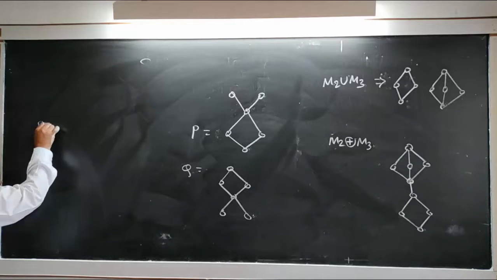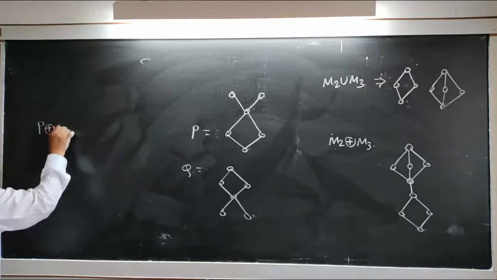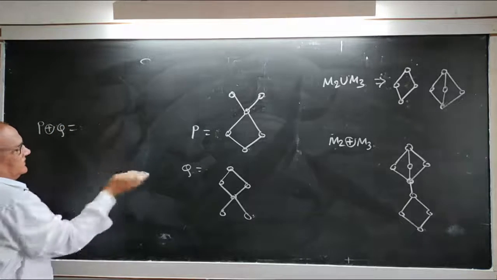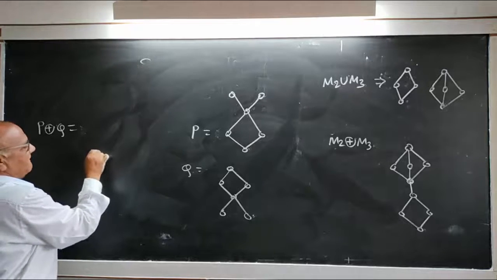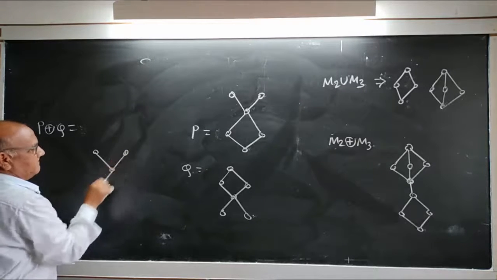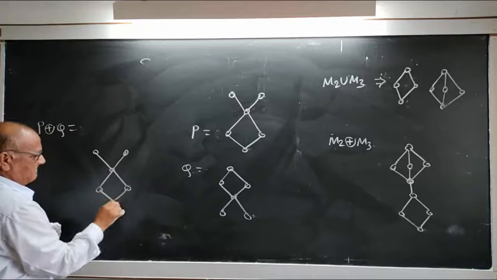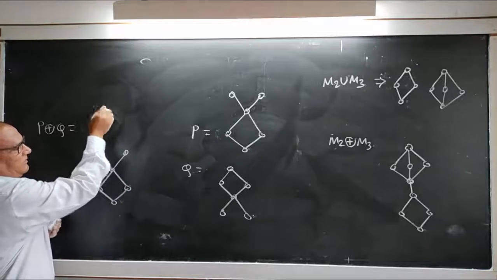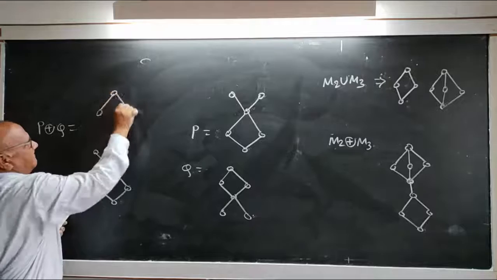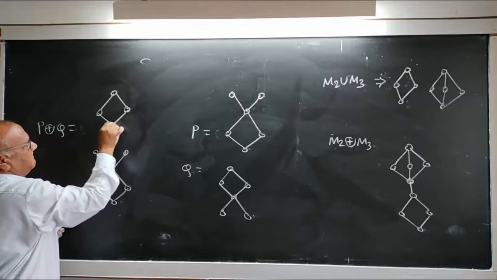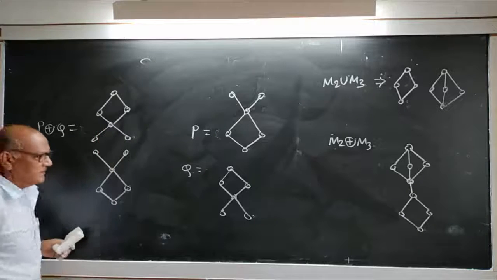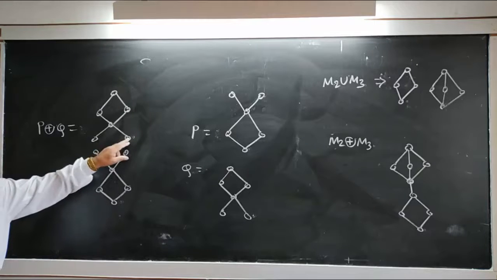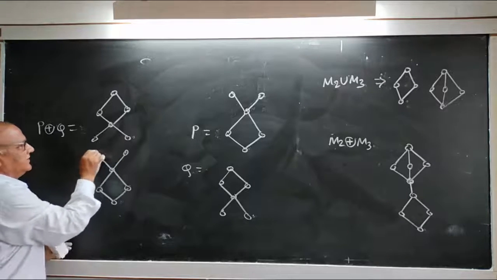Now P additional circle Q: first draw P, okay, then Q above P. Here there are two maximal elements of P and here two minimal elements of Q, then joining.